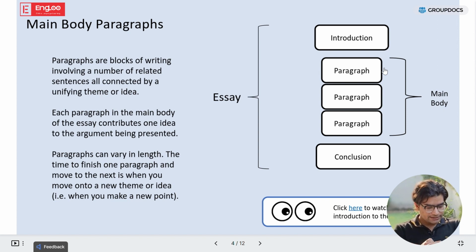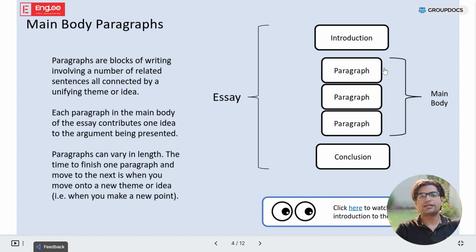Next, let's see, paragraphs can vary in length. One passage could be one word, or another passage could be book length. So the length of the passage would depend upon your knowledge regarding that topic and many other variables. The time to finish one paragraph and move to the next is when you move on to a next theme or idea.